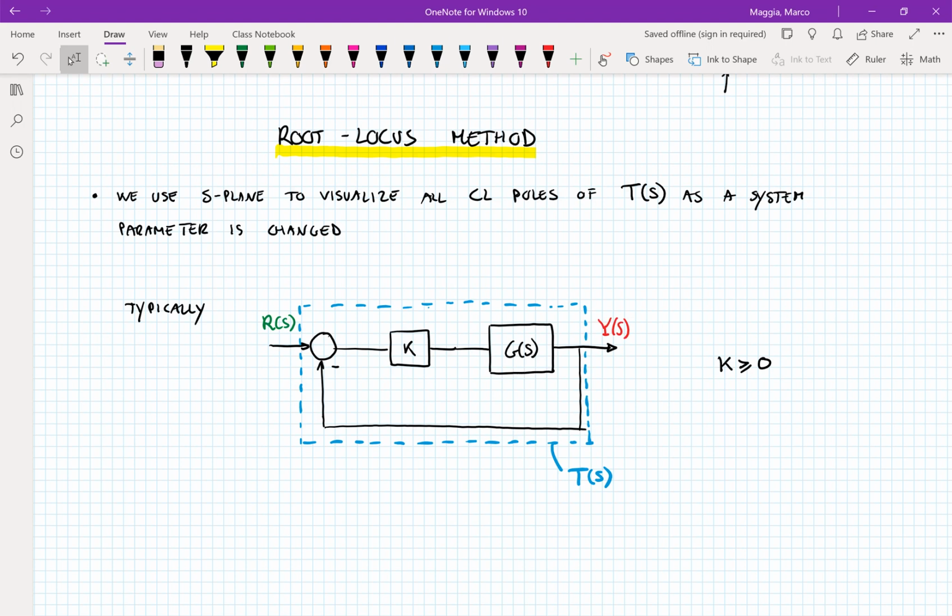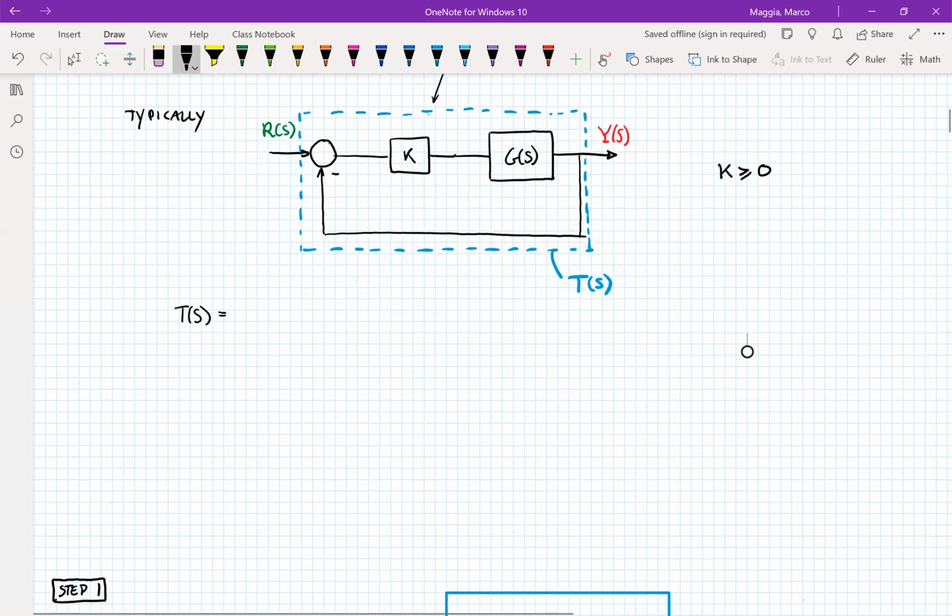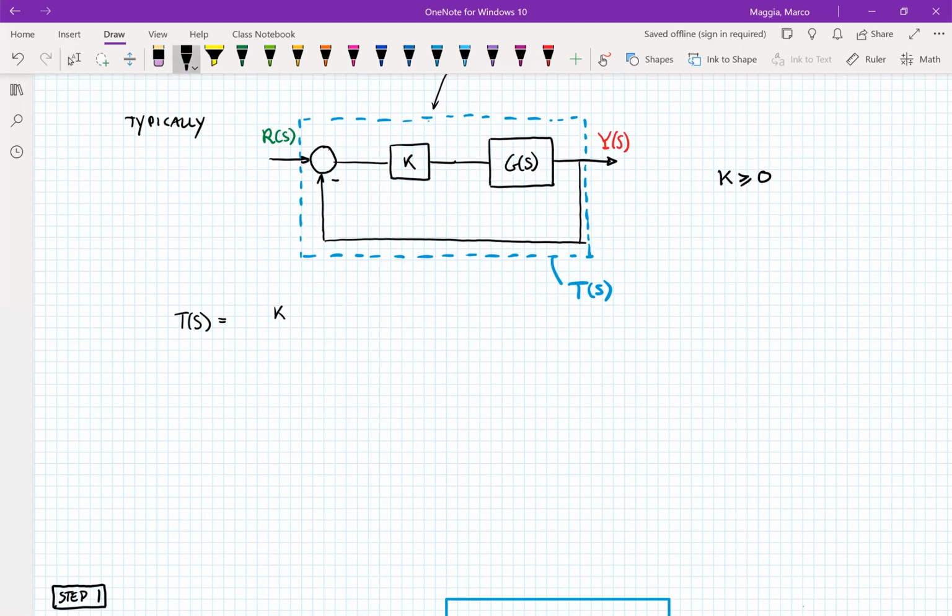All right, so once again here, it's the same configuration that I just drew earlier, so I'm not going to repeat it. However, I'm going to recalculate the closed loop transfer function based on this configuration. So once again, this is KGS over 1 plus KGS.